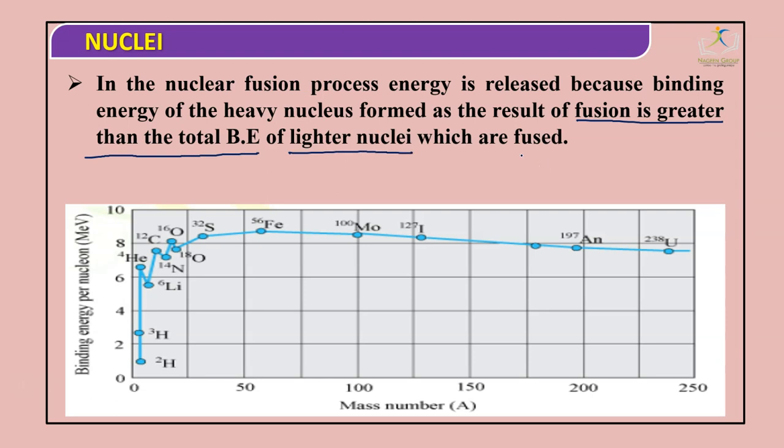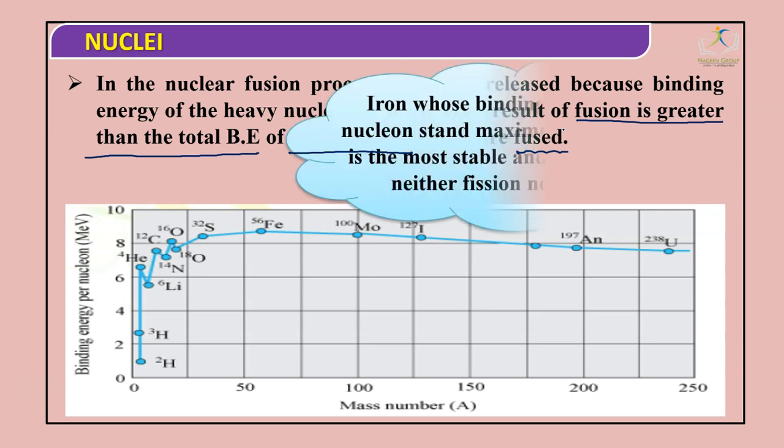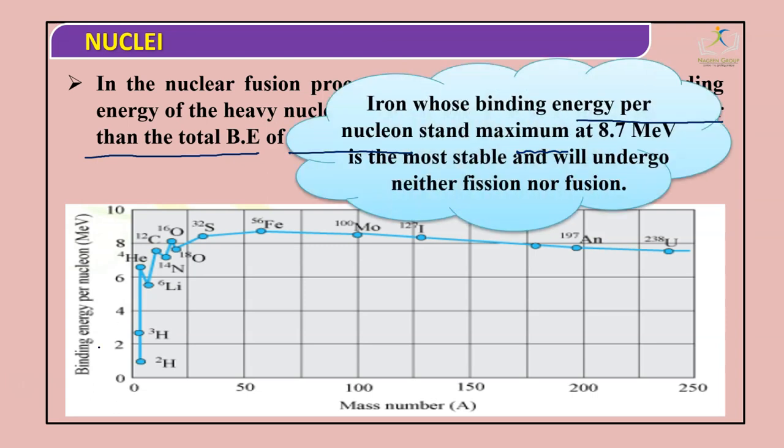So what do we conclude? Fusion gives a binding energy greater than the total binding energy of the lighter nuclei which fused. So iron, whose binding energy per nucleon is maximum, 8.7 MeV, is the most stable and will undergo neither fission nor fusion.